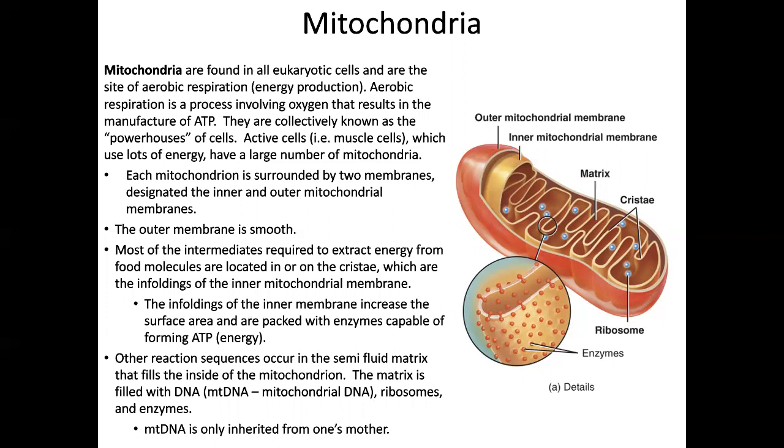Okay, so aerobic respiration, a process involving oxygen, results in the manufacture of ATP. The nickname for them, you hear it all the time, is the powerhouse of the cell because of their role in making the energy that powers our cells. The more active a cell, like our muscle cells, the more energy they require, which means the more mitochondria they'll have.